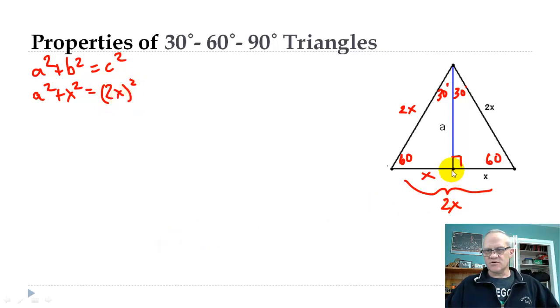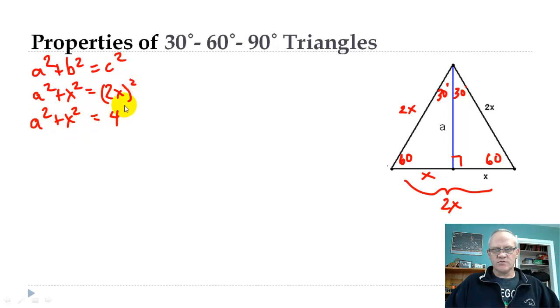Okay, so we're going to solve for the a here. So that means a squared plus x squared equals 2 squared is 4, x squared is x squared. Let's move this x squared over here, so I do that by subtracting x squared. So now a squared equals 3x squared.